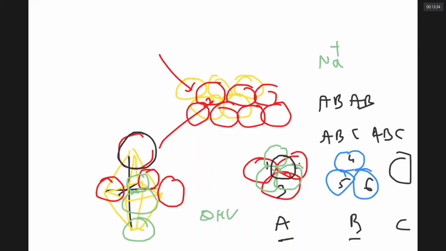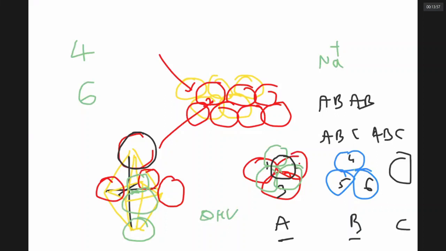If a positive ion is trapped in a tetrahedral void, it is surrounded by 4 oppositely charged ions. If it is trapped in an octahedral void, it is surrounded by 6 oppositely charged ions. The number of oppositely charged ions surrounding a particular ion is called its coordination number.